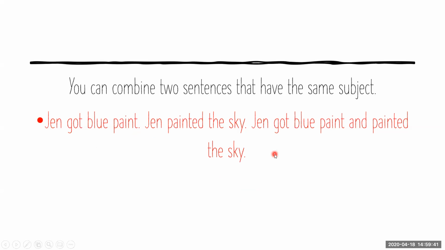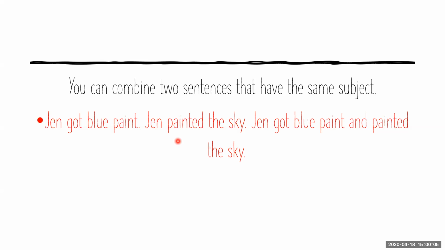So here we've got our combination of our compound sentence. Jen got blue paint and painted the sky. So here we put our conjunction in place, which is the word and, then painted the sky. So we're speaking about Jen in both sentences, so why not make it one sentence and speak about the paint altogether? Because we're speaking about the same topic, and yes, we are speaking about the same subject.